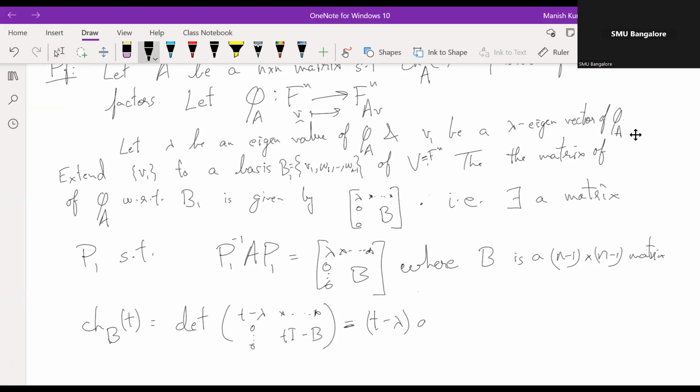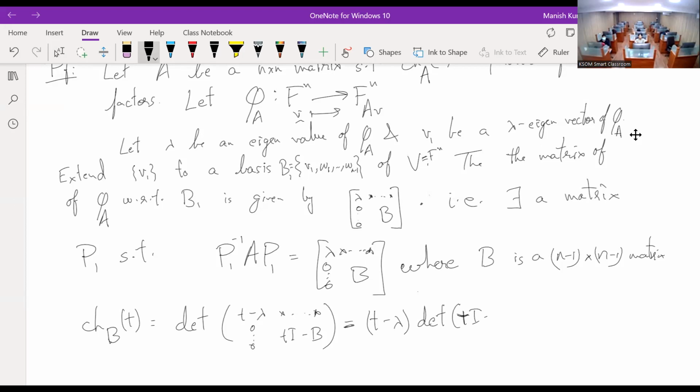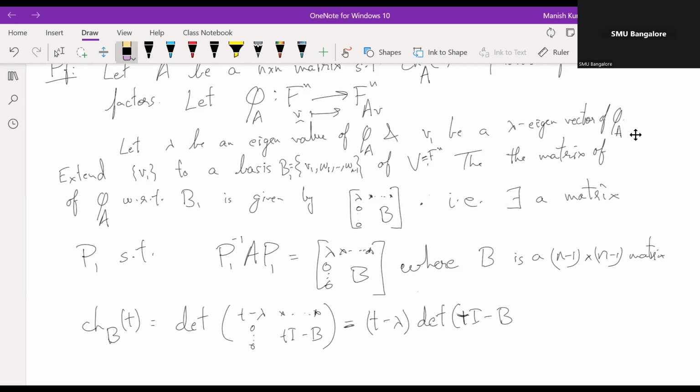This block is just a scalar, T minus lambda, and the other is the determinant of TI minus B, the characteristic polynomial of B. The left-hand side is the characteristic polynomial of P1 inverse A P1, which is the same as that of A.